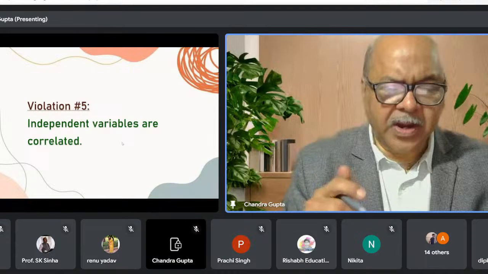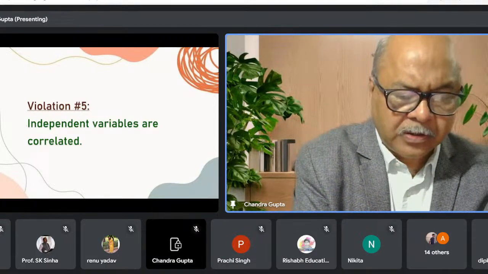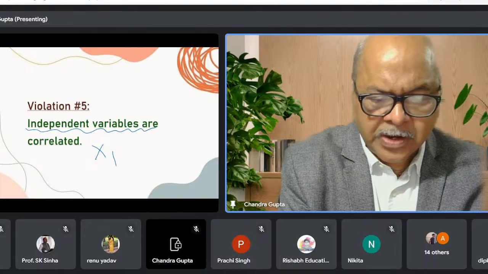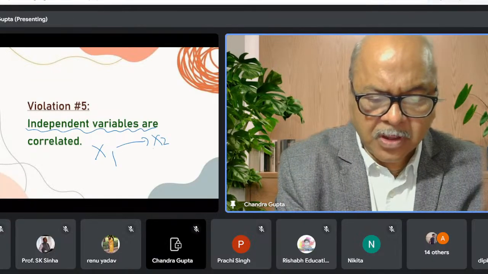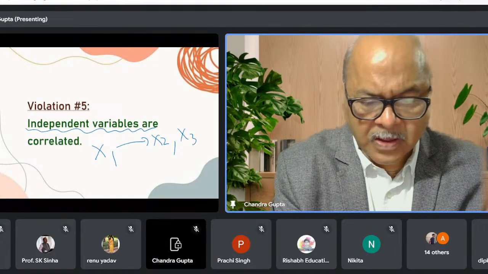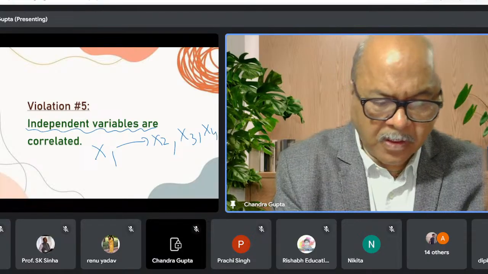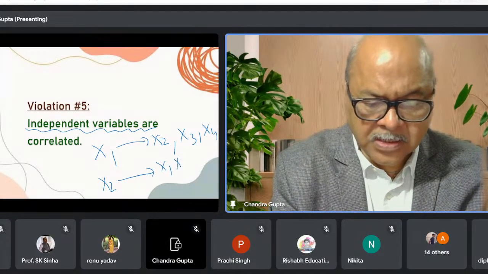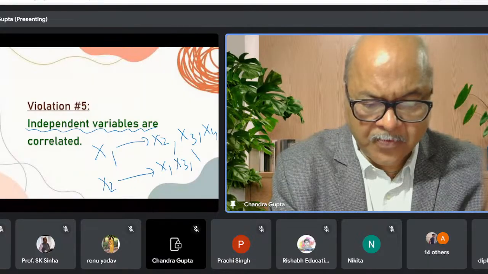What if our independent variables are correlated? X1 is correlated with X2, for example, and with X3, X4. X2 is correlated with X1, X3, X5, for example.